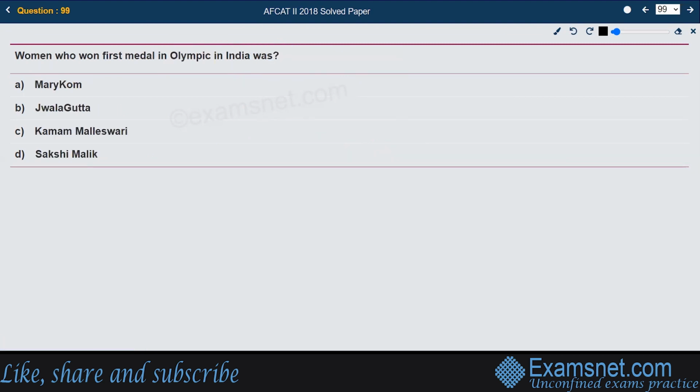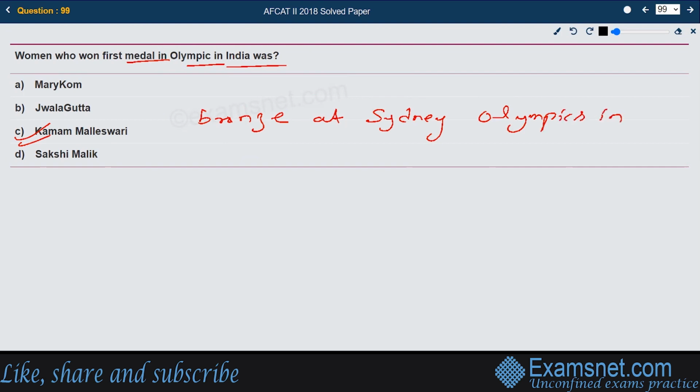Now, the woman who won the first medal in Olympics for India was Karnam Malleshwari. She won a bronze medal at the Sydney Olympics in the women's 69 kg weightlifting category.